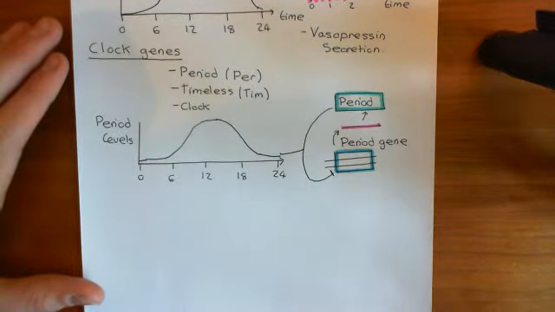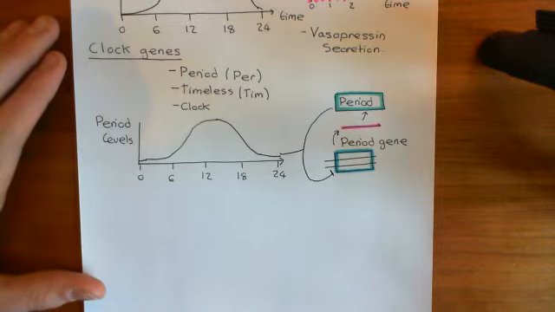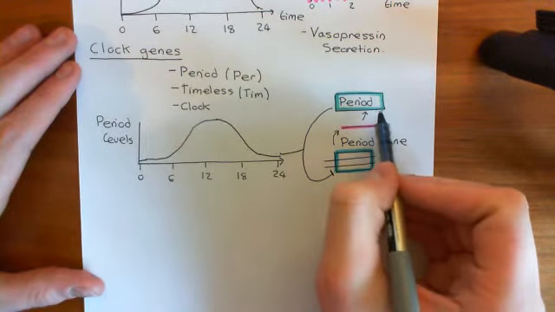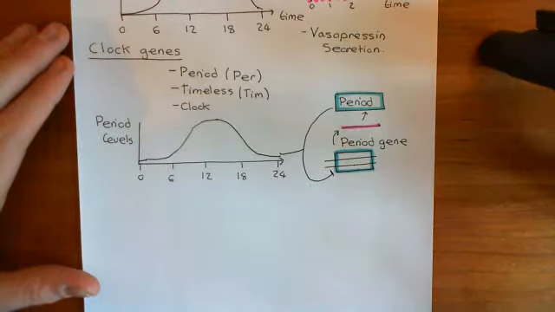So there will be clock genes like this within the suprachiasmatic nuclei neurons, and they will have this cyclical activity, which will be on a 24-hour basis. And then all we need is the levels of this period protein, or one of these other clock genes, to determine other activity within the suprachiasmatic nucleus neuron.